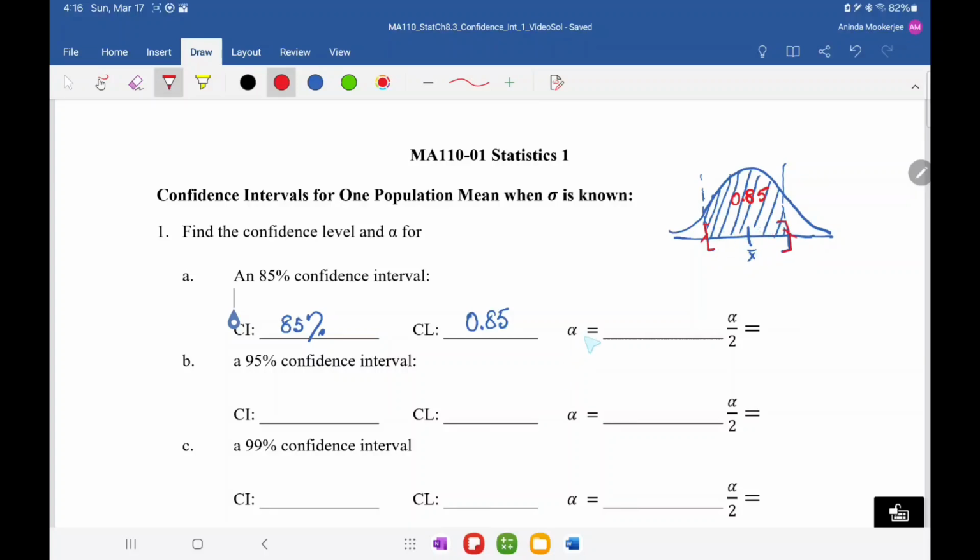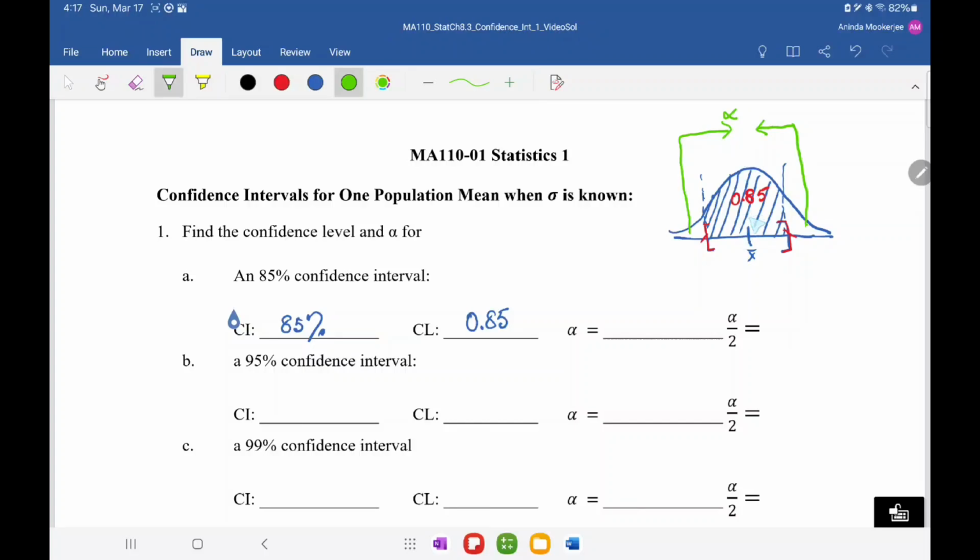All right. What is alpha? Alpha is the unbounded area outside the interval. So that means alpha is this area plus this area. There are unbounded areas on both sides of the curve, correct? And these unbounded areas represent alpha.